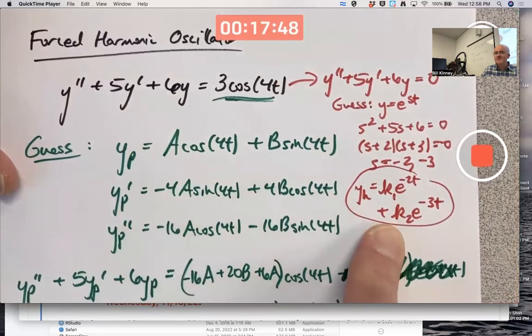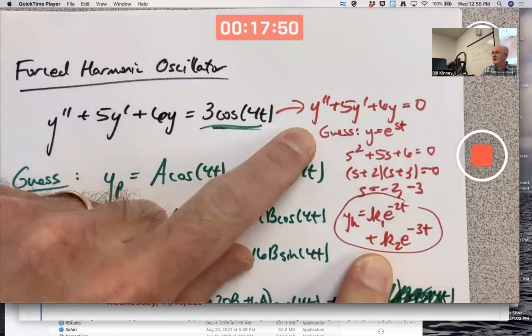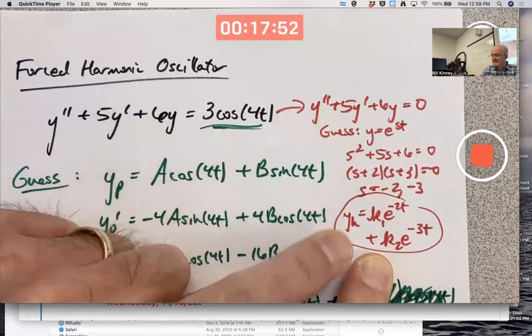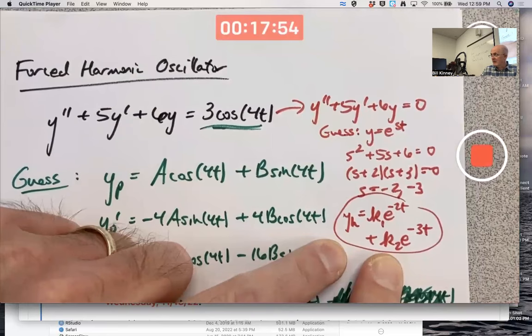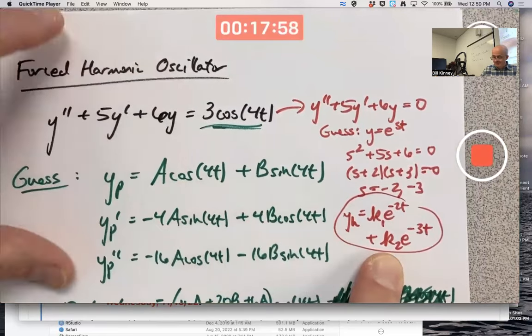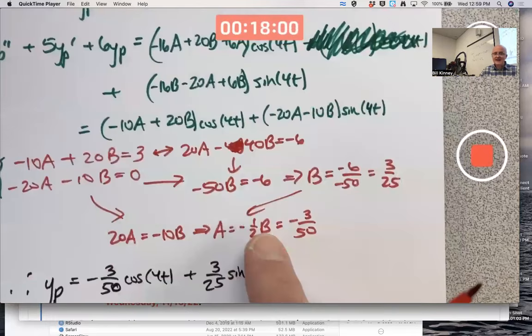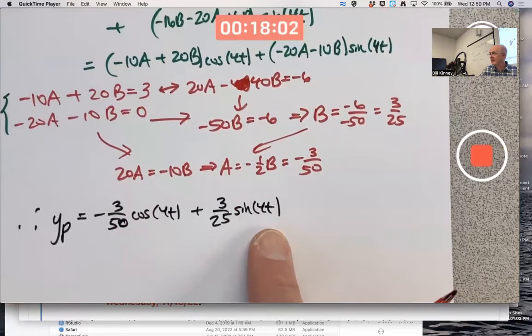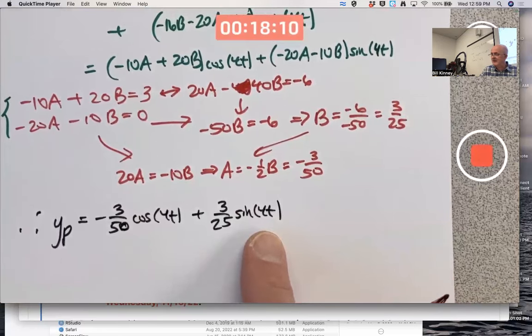Notice this solution of the unforced equation, the homogeneous equation, is ultimately going to go to 0. It decays exponentially to 0. On the other hand, the yp does not decay exponentially to 0. So what happens to the long-term behavior of this mass on a spring that's following this model?